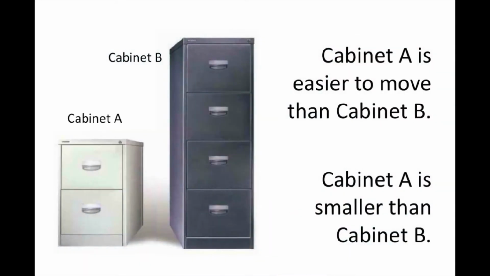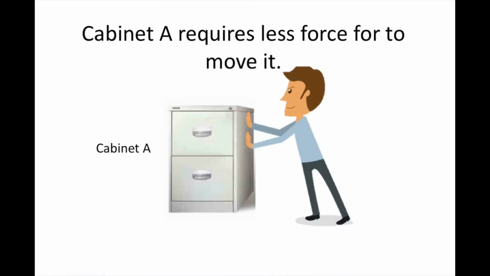Now why? Again, if your answer is because of its size, your guess is correct. Cabinet A is smaller than cabinet B, that is why it is easier to move. So if you're going to push cabinet A, how much force do you need? Cabinet A is small, that is why it only needs less force to move it.